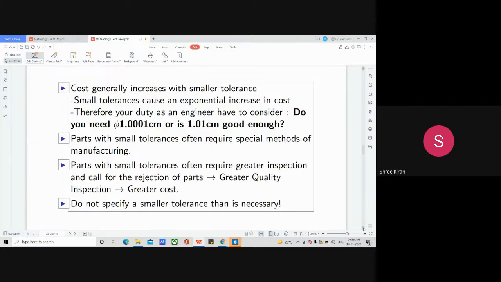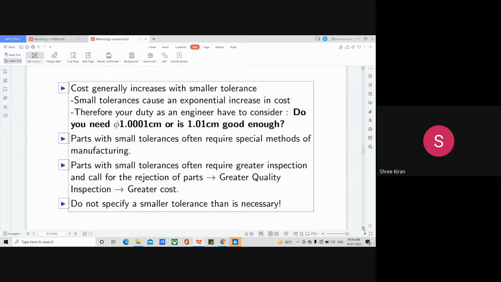So cost generally increases with smaller tolerances, and small tolerances cause an exceptional increase in cost. Therefore, your duty as an engineer is to consider whether you need a range of 1.0001 centimeter or whether 1.01 centimeters is good enough. We saw yesterday the same values in our vernier and screw gauge.